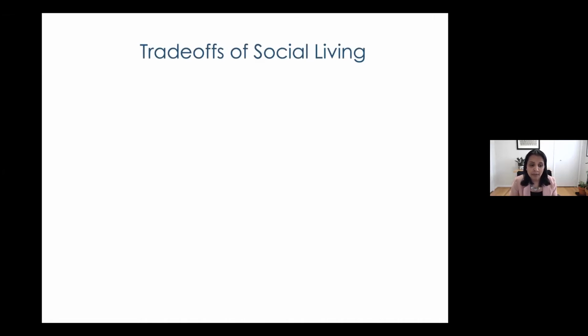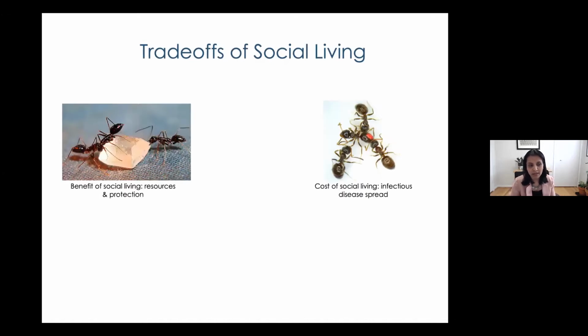So why we expect such structures to exist is because social living, as I've mentioned before, comes with trade-offs. There's a benefit to social living. That means better access to resources and better access to protection from predators. But of course, the cost of social living is that you can easily be infected with an infectious disease, and that certainly reduces your overall fitness.